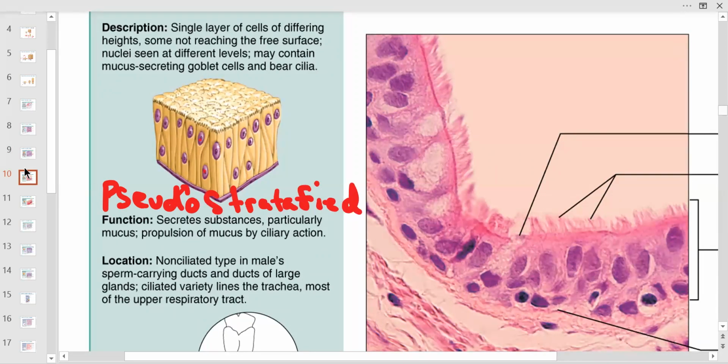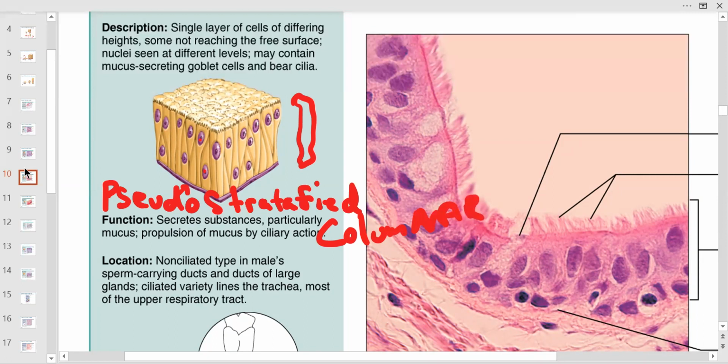Okay, and you think this is more cuboidal, columnar, or squamous? Squamous? No, it's pretty tall. They're kind of like this. So they're more columnar. So it's pseudo-stratified columnar. Sorry.